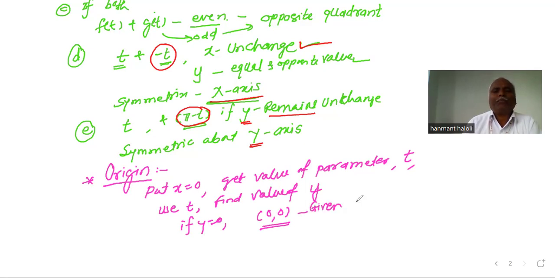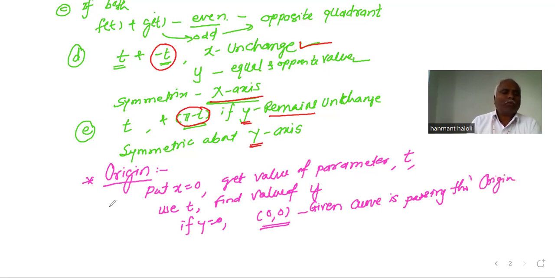Given curve is passing through origin. Okay, vice versa. You can write it into another form also, vice versa form.